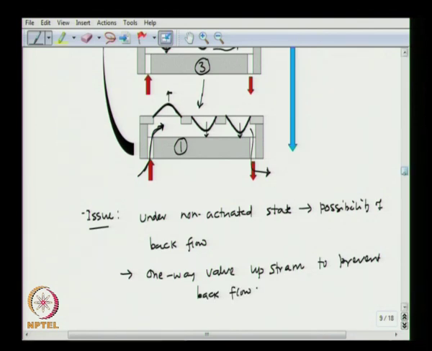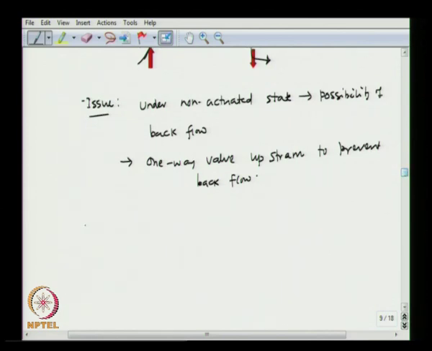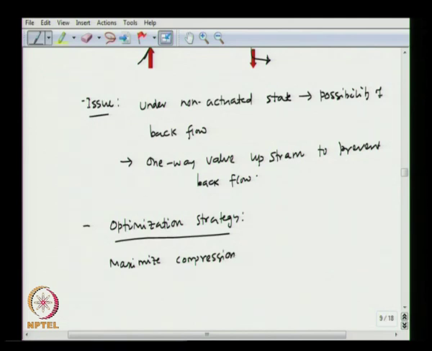And now some of the optimization strategy for the peristaltic micropump. We want to maximize the compression ratio. That gives us a high flow rate.